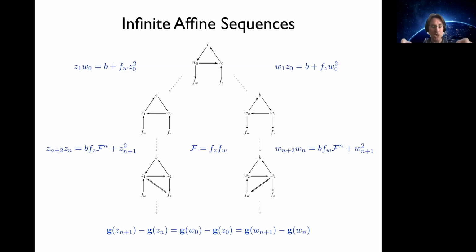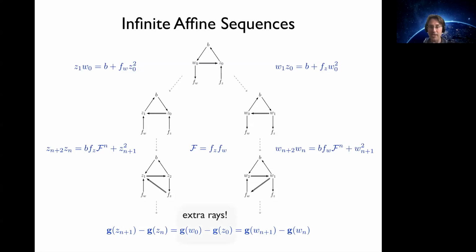Since I keep mutating and keep adding the same difference, and I don't care about the length of these G vectors, I find that the G vectors asymptote to a particular direction, given by GW0 minus GZ0. And that happens for both directions, so that they both asymptote to the same limiting vector from either direction.